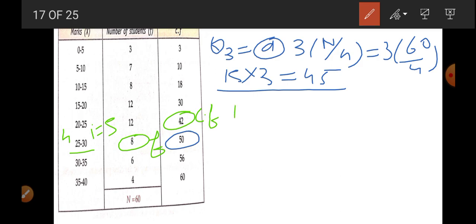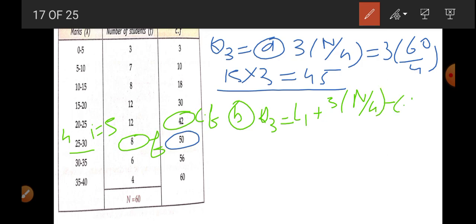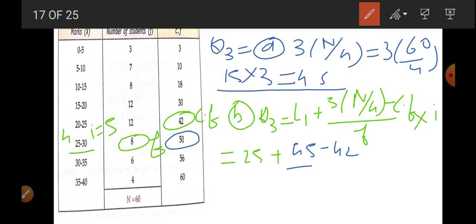Now we write the equation: Q3 is equal to L1 plus 3n upon 4 minus CF upon F multiplied by I. So we write 25 plus 45 minus 42 upon 8 multiplied by 5.